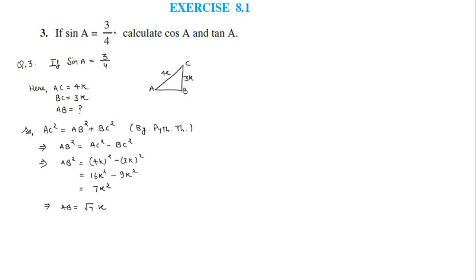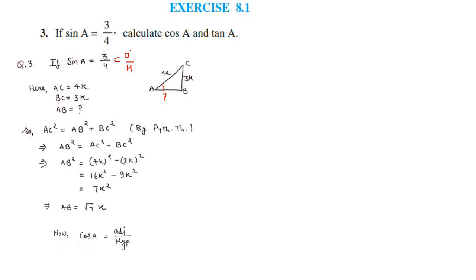Suppose I have taken some angle A here, then BC will become 3K and AC will become 4K. Why? Because sin theta is nothing but opposite by hypotenuse, right? So we will first find the third side. For finding the third side, we will use the Pythagoras theorem, and we got the third side, which is nothing but root 7K.